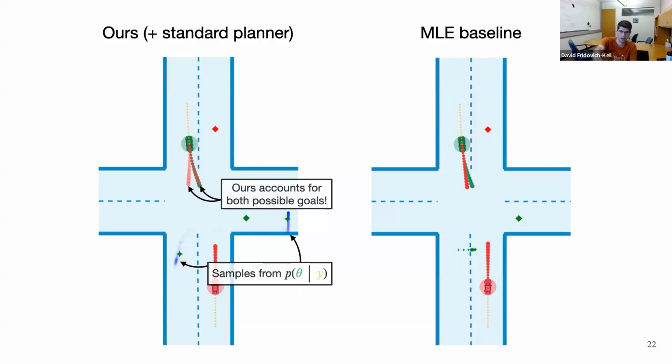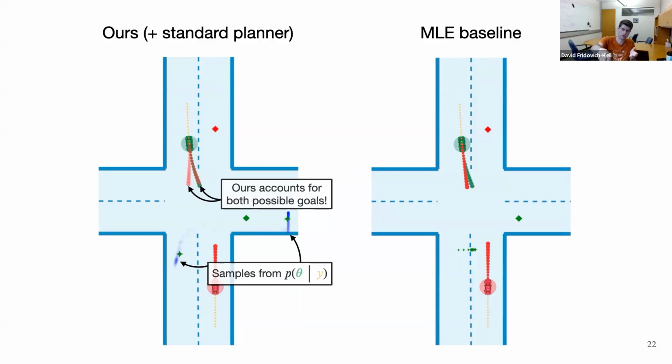Compared to the MLE picture, which is what Karen was showing before I started, and our work to date on this problem, accounting for the uncertainty in the posterior forces us to realize that we should probably slow down, because I don't know what these guys are going to do, and I need to avoid collision with both versions because I don't know which one it is. So it forces us to slow down, which is going to happen as soon as I unpause the video.